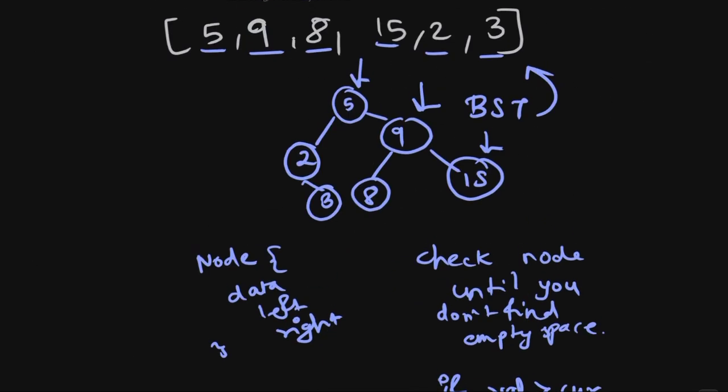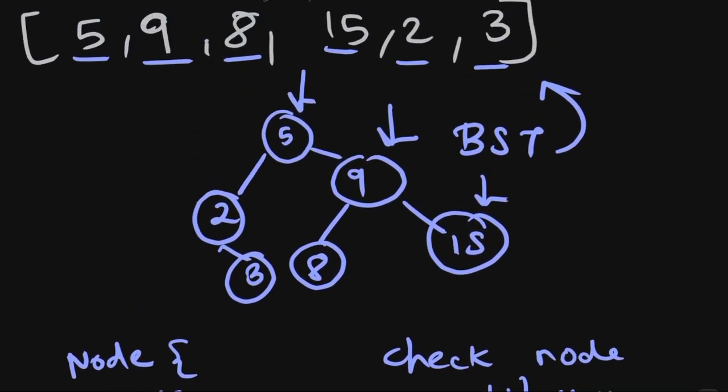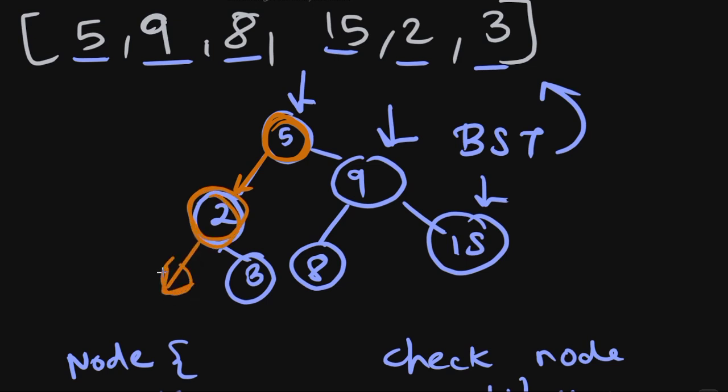Assuming this tree, we are on this node and we need a minimum value. We know the minimum would be in the left part, so move to the left part. Here we got another node, we know it would be in the left part. If there is nothing on the left part, we can say the node we are currently on is the minimum.